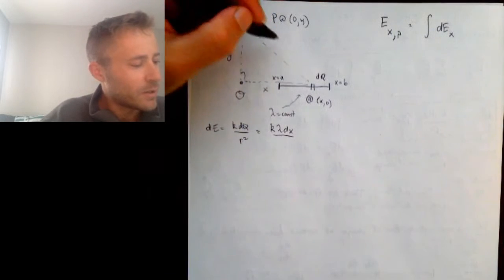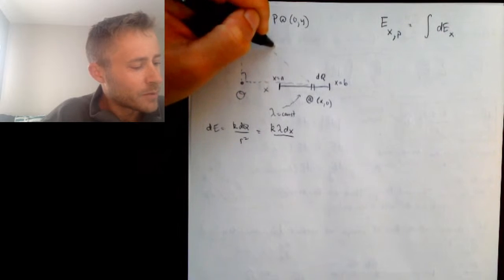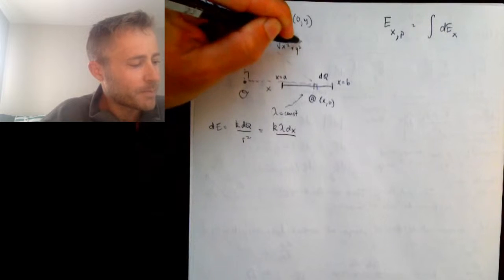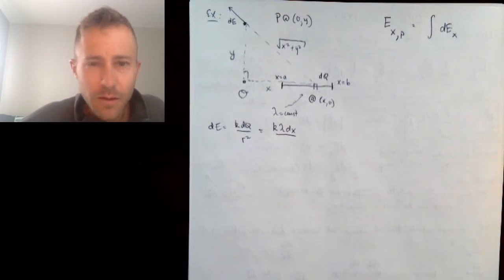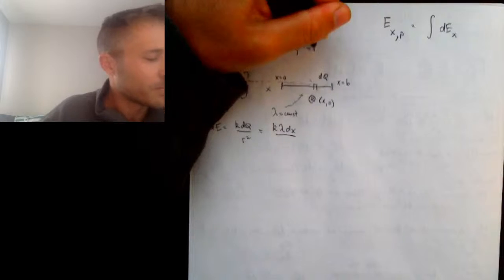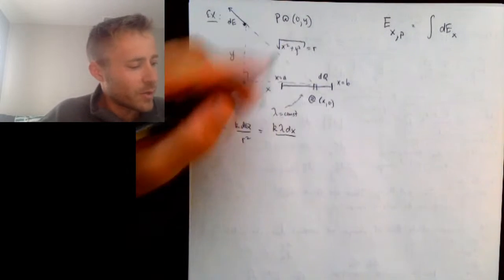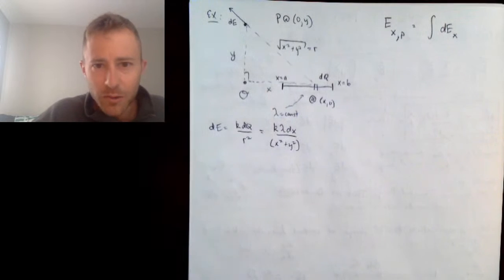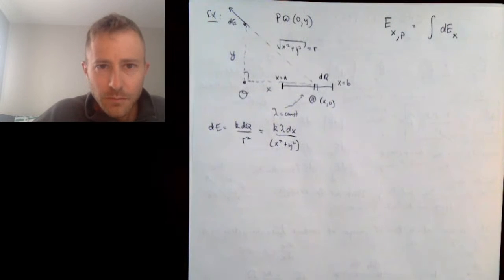So r is the square root of x squared plus y squared. So when I square that, I get this without the square root.